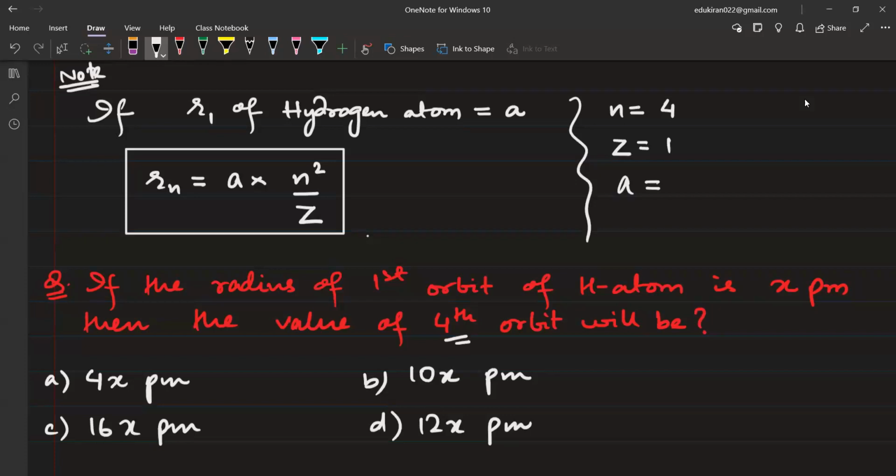जो रेडियस ऑफ फर्स्ट ऑर्बिट ऑफ हाइड्रोजन एटम कितना दिया हुआ है? X picometer.